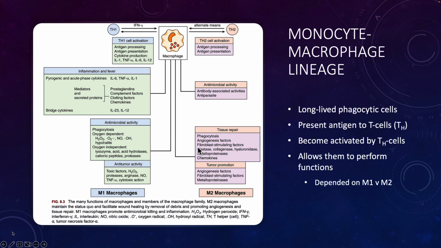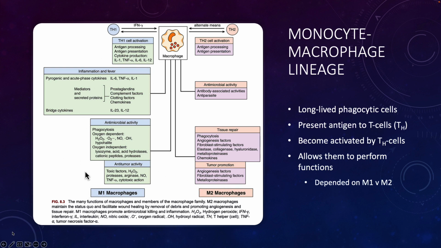And for the most part, M2 macrophages are more important when there's damage. So they are really important in tissue repair. On the other hand, they also can promote tumors because they do things like stimulate angiogenesis, stimulate fibroblasts, etc.